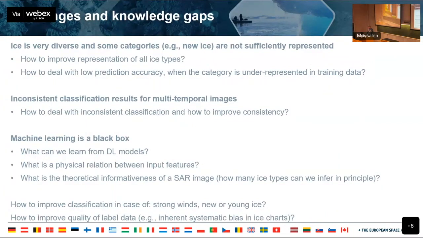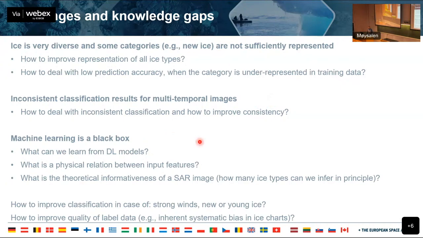So the challenges are the following. The ice is very diverse, and some categories are not sufficiently represented in the training data, so it can be challenging to train the neural network to robustly detect it. There are some inconsistencies for multi-temporal images: how to deal with that, and how to use probability theory to correctly assess the probability of each ice category in the result.